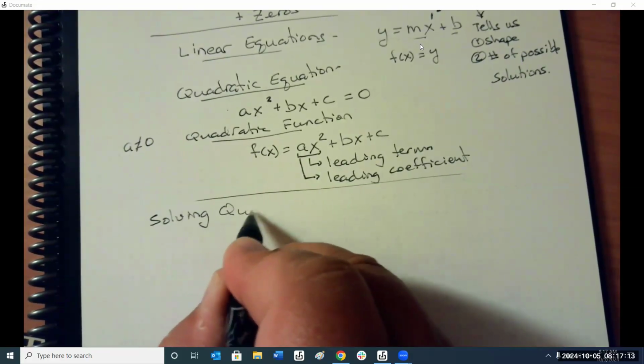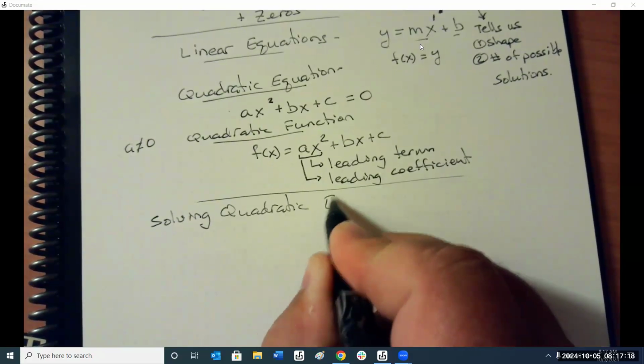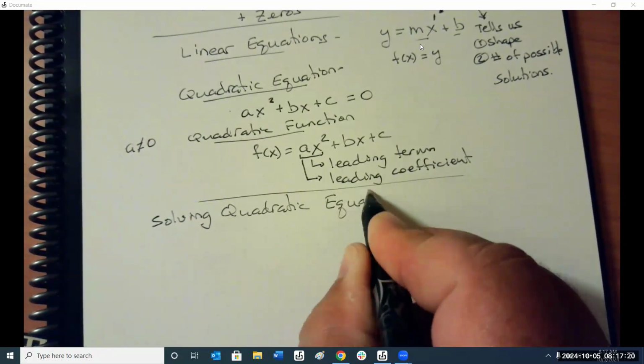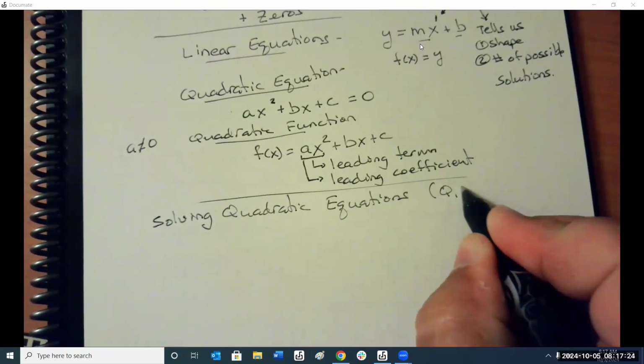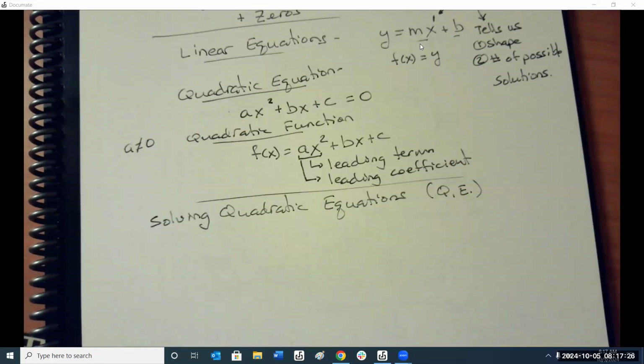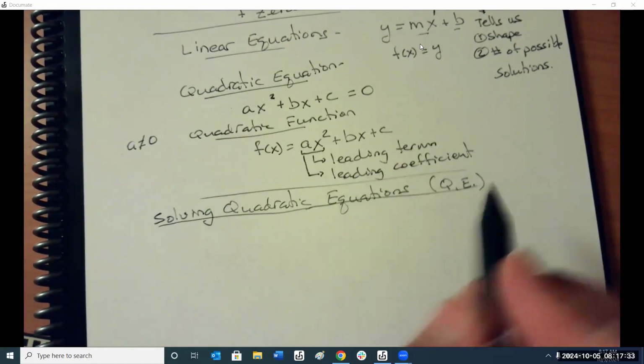Solving quadratic equations. From now on, I'm simply going to call them QE for quadratic equations. We actually have 4 methods of solving quadratic equations.